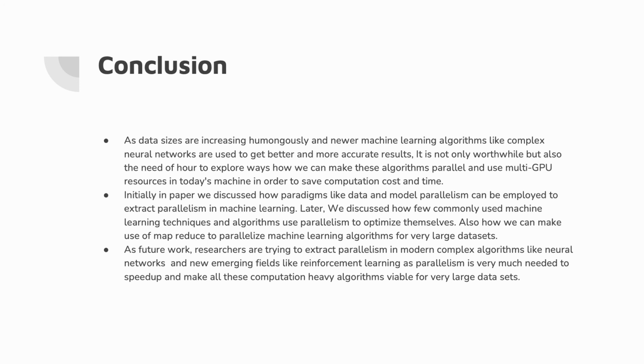Initially in the paper we discussed how different paradigms of parallelism, like data and model parallelism, can be employed to extract parallelism in machine learning. Later, we discussed how a few commonly used machine learning techniques and algorithms use parallelism to optimize themselves. Also, how we can use MapReduce to parallelize machine learning algorithms for very large data sets.